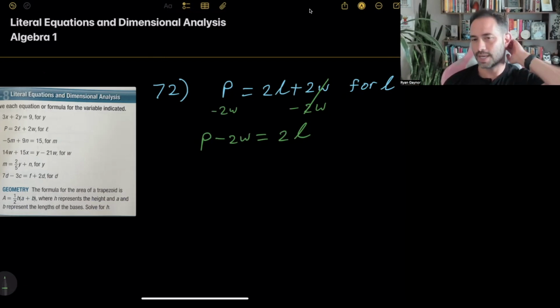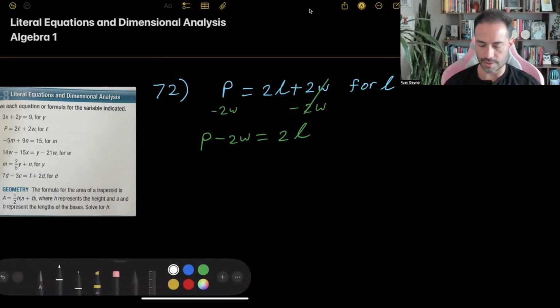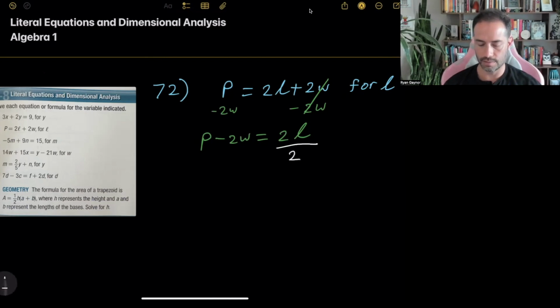Okay, so up next, we just have to isolate the L still, and it says 2 times L. So we're just going to do the opposite of that, which is divide by 2, divide by 2. Now, notice that on my left side here, I have P minus 2W, all of that divided by 2.